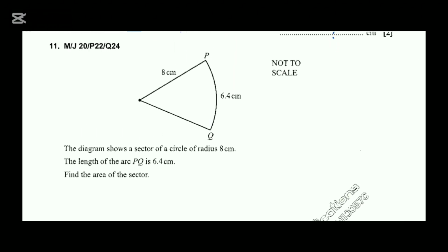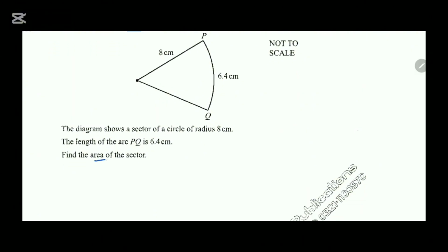Next question: the diagram shows a sector of a circle of radius 8. The length of the arc PQ is 6.4. Find the area of the sector.